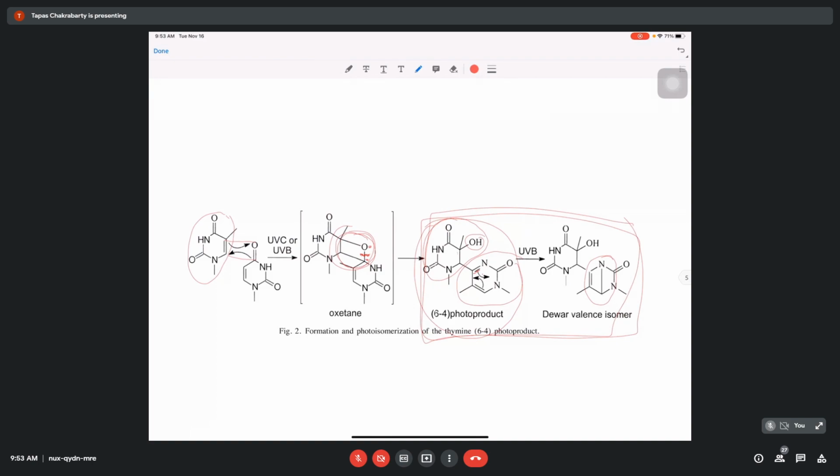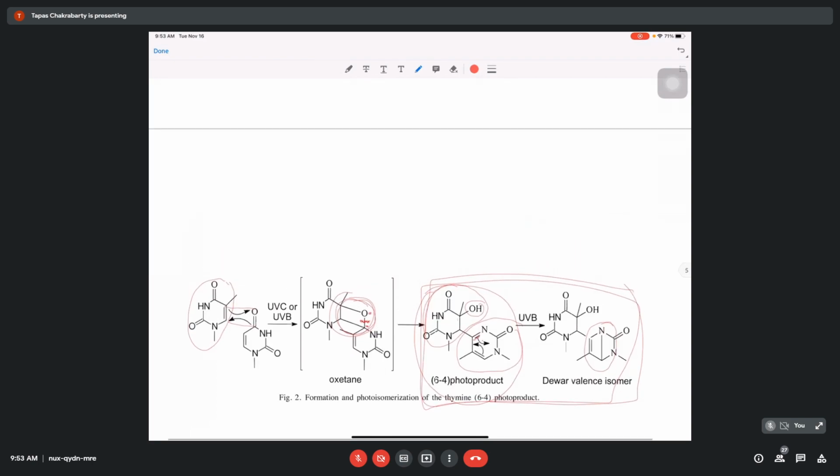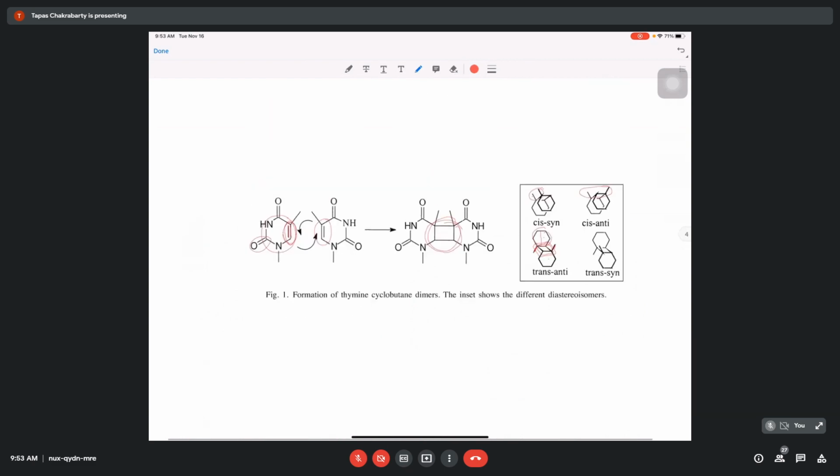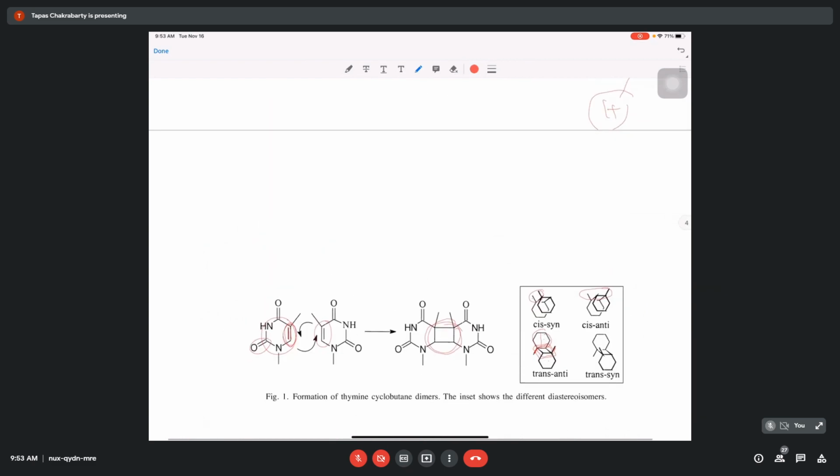Now, one important thing I would like to tell you is that for any kind of damage that is happening, the origin is light absorption and production of these radicals.